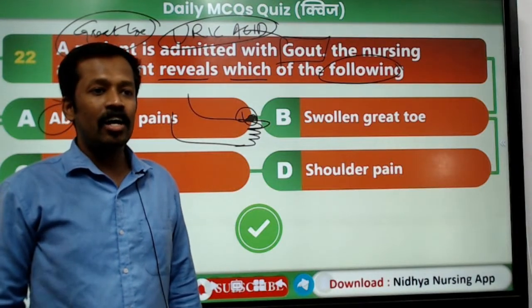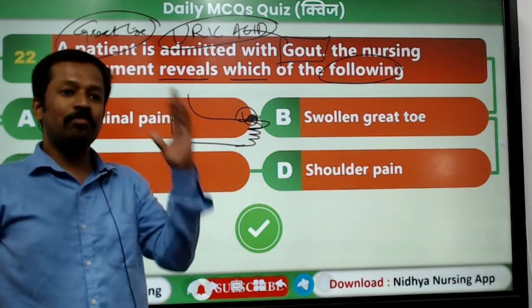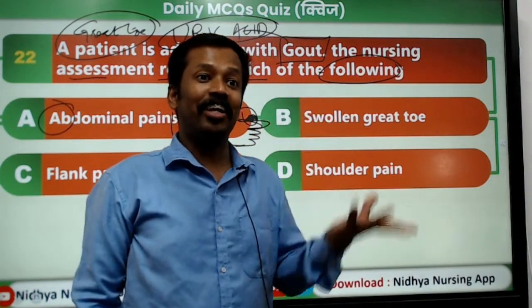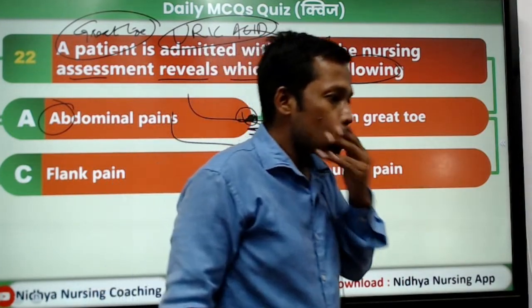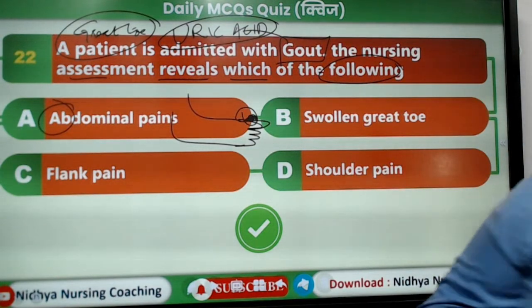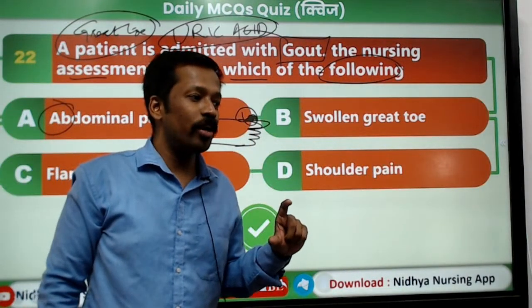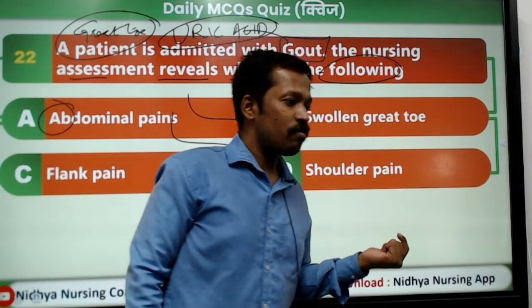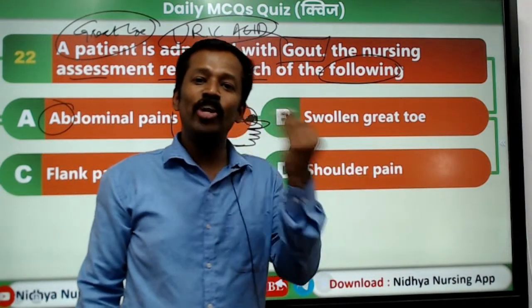Arthritis, joint inflammation. Sir, something is better than nothing. It's a node. Which node? Paronychia? Paronychia is related to nail.